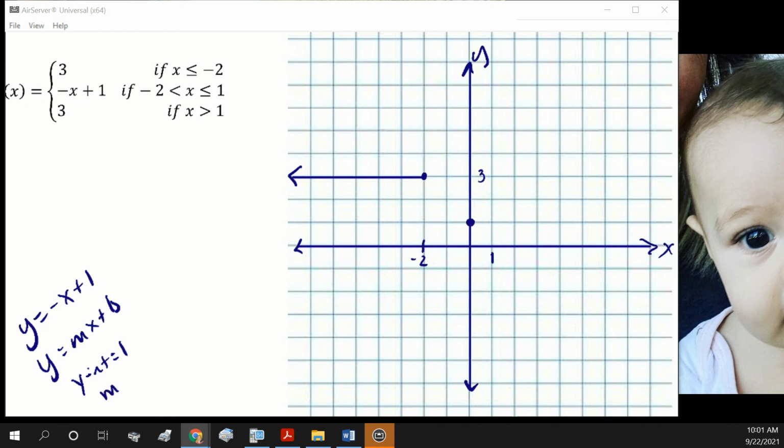All right, what is the slope going to be? -1. So that means I'm going to go down 1, right 1. Okay, so if I go down 1, right 1, I get a point at 1, 0. Is that going to be solid or open? Solid.